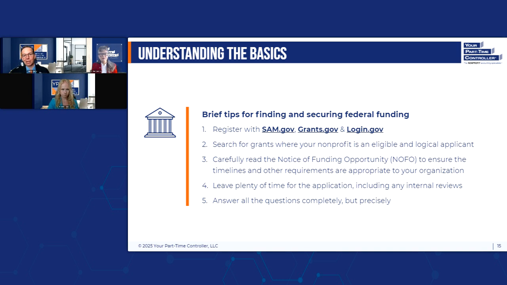You want to stick to grants that are relevant to the mission of your nonprofit. You need to make a compelling case that you're a logical and good applicant. And then you want to read everything carefully. Make sure you're not just eligible, but you can meet all the requirements of the grant, the timetables, the goals, the reporting, and other things.